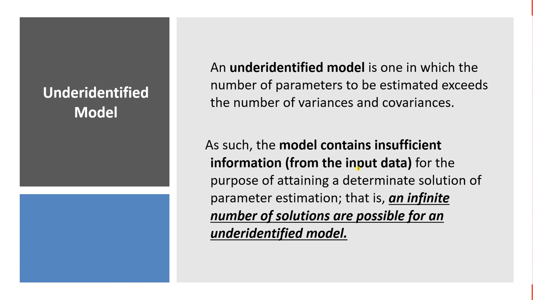So the purpose of model identification, if we have to define it simply: the identifiability of a model means that the model is such that its parameters can be estimated uniquely, and the model can be tested for its goodness of fit and can be rejected.